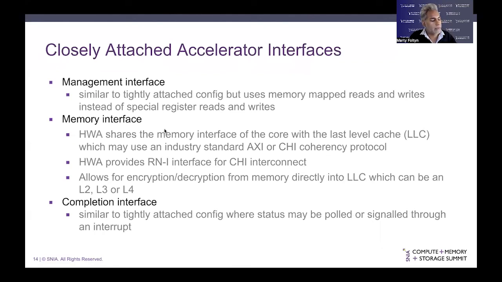Again, the closely attached has three interfaces: the same management, memory, and completion. But for the management interface, instead of using RISC-V special register reads and writes, which are part of the RISC-V ISA, we would use memory mapped reads and writes, which look like RISC-V loads and stores to the IO memory.